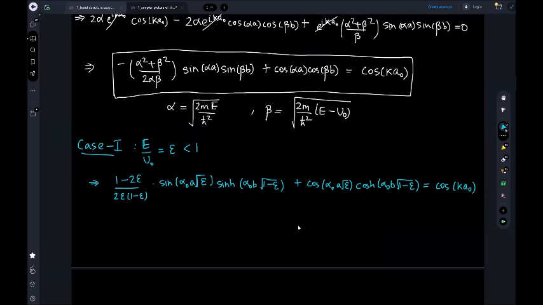I must define this alpha naught here, which is equal to this quantity, and I've defined this here for convenience. Similarly, now I'm going to write case 2.